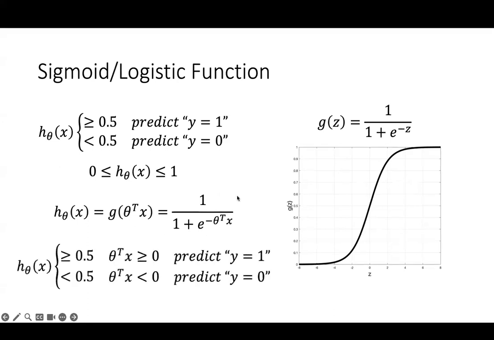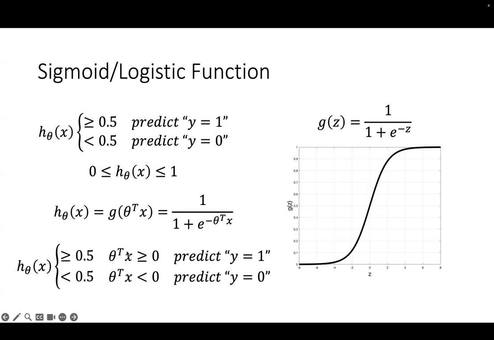Okay, so yan yung ating hypothesis. So, in other words, if theta transpose times x is less than 0, kasi yan yung z, di ba? Remember, this is the z value. So if theta transpose of x is less than 0, the value of the hypothesis will be less than 0.5, so you give a prediction which is equal to 0.